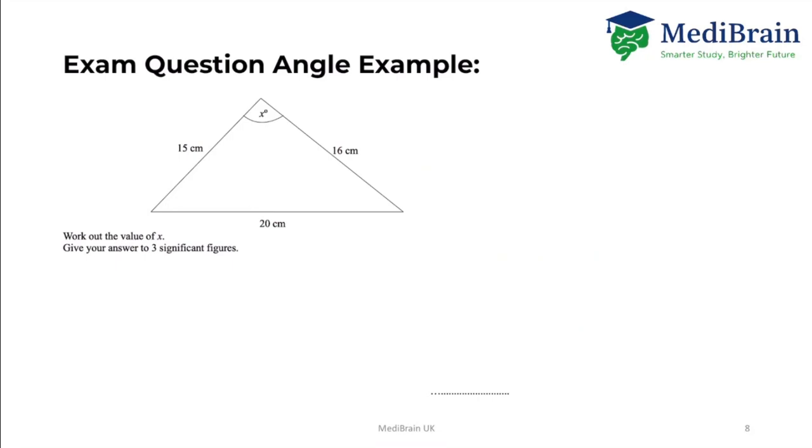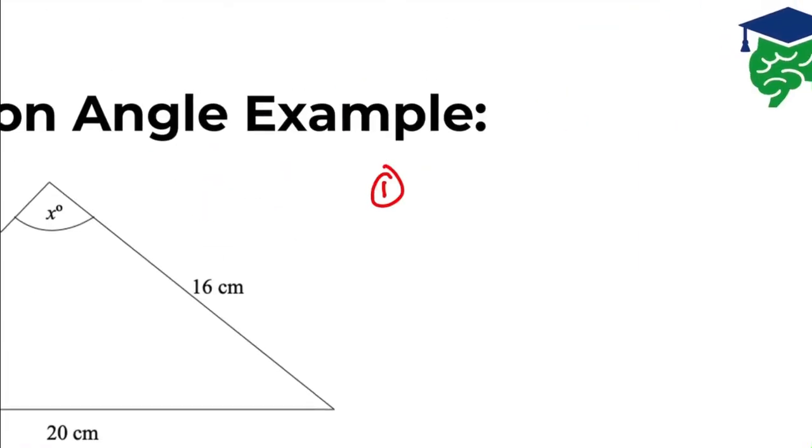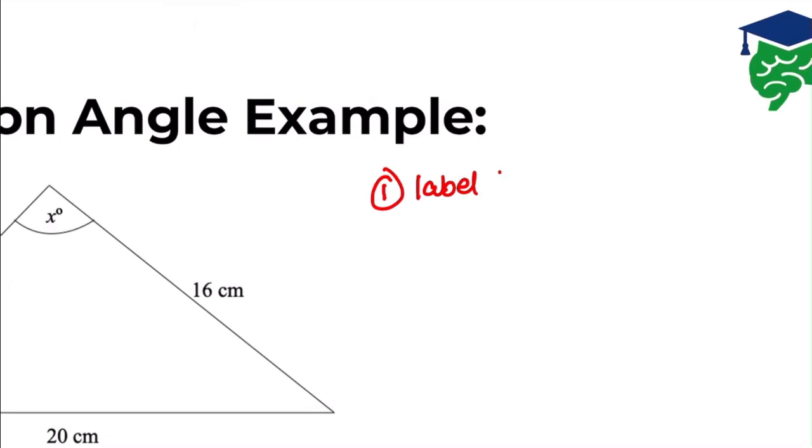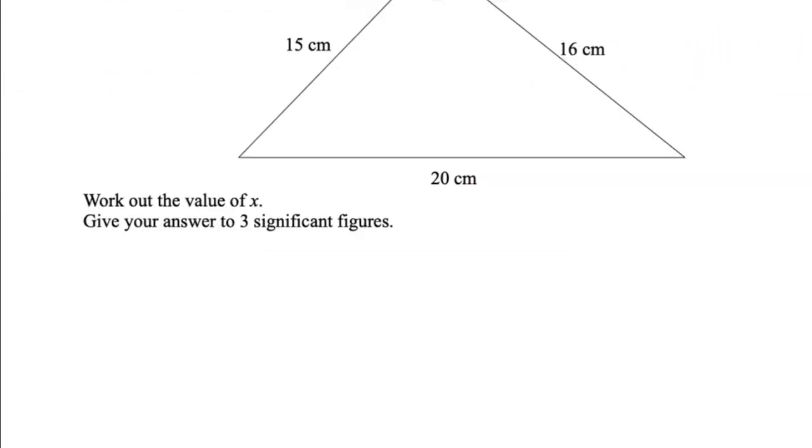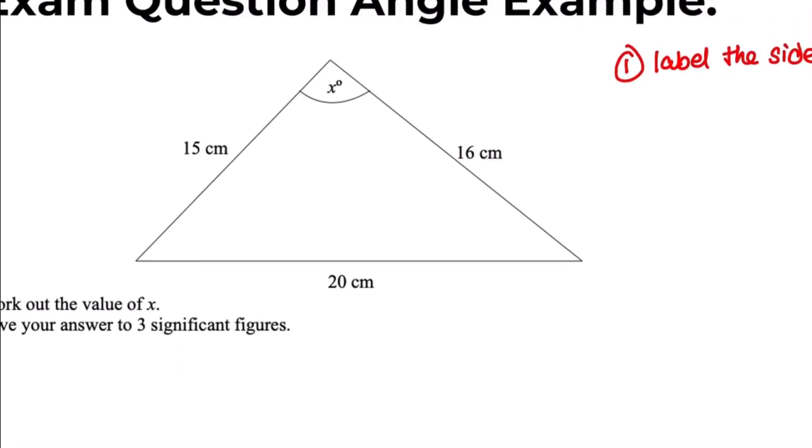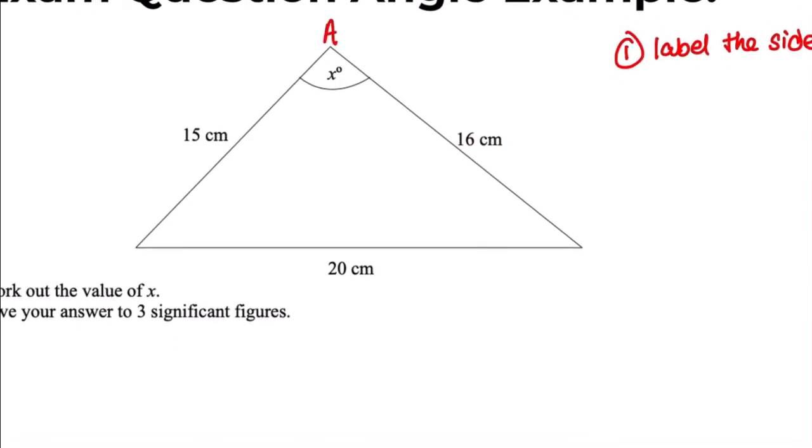Okay, so the first step is going to be the same each time. Step 1 is labeling the sides. Remember, the angle that we don't know, or the side that we don't know, has to be labeled with A. So this is the angle that we don't know, so we're going to label this as capital A. The side opposite it is lowercase a.